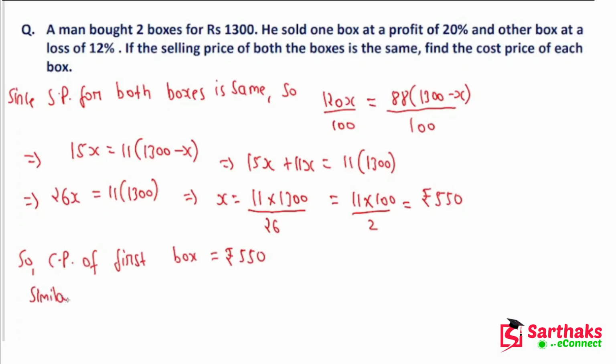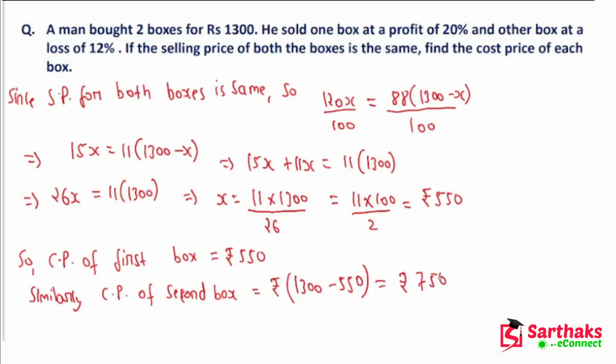Similarly, cost price of second box is equals to rupees 1300 minus 550, that is rupees 750.